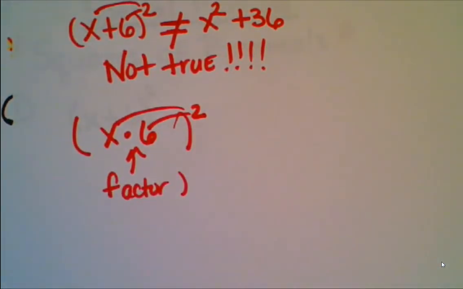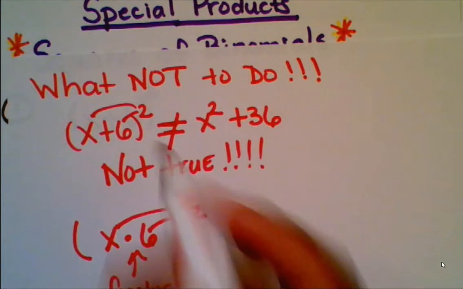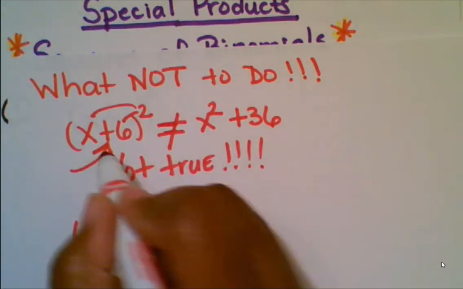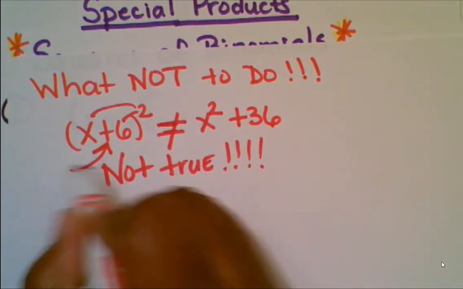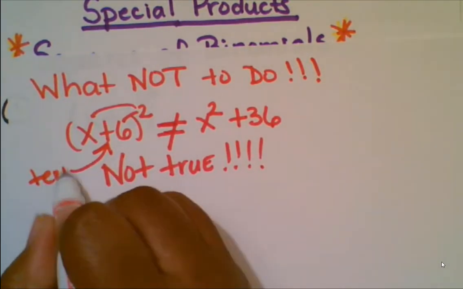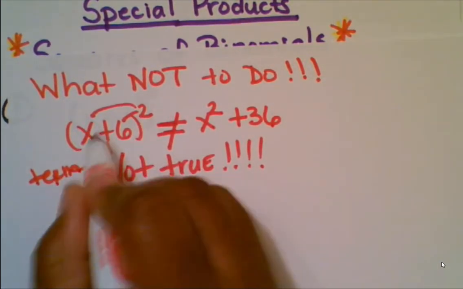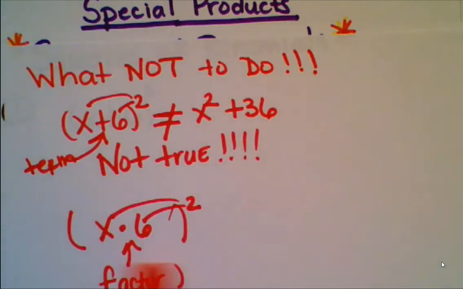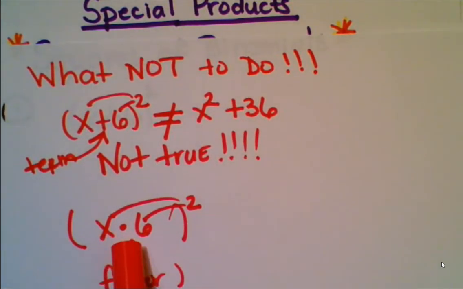But because we have terms, x plus 6, either it's going to be a plus or a minus, this is a term, we do not distribute the exponent of 2. The properties that we discussed in class only dealt with multiplication or division. So make sure you do not distribute the 2.